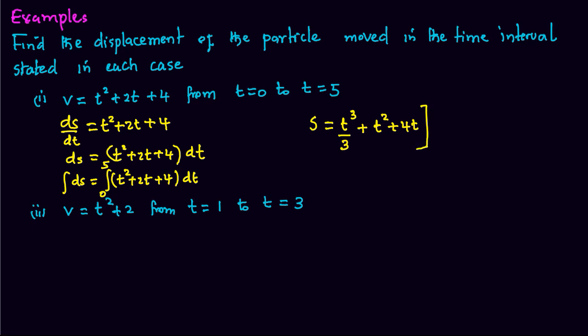This is equal to 125 over 3 plus 25 plus 20.